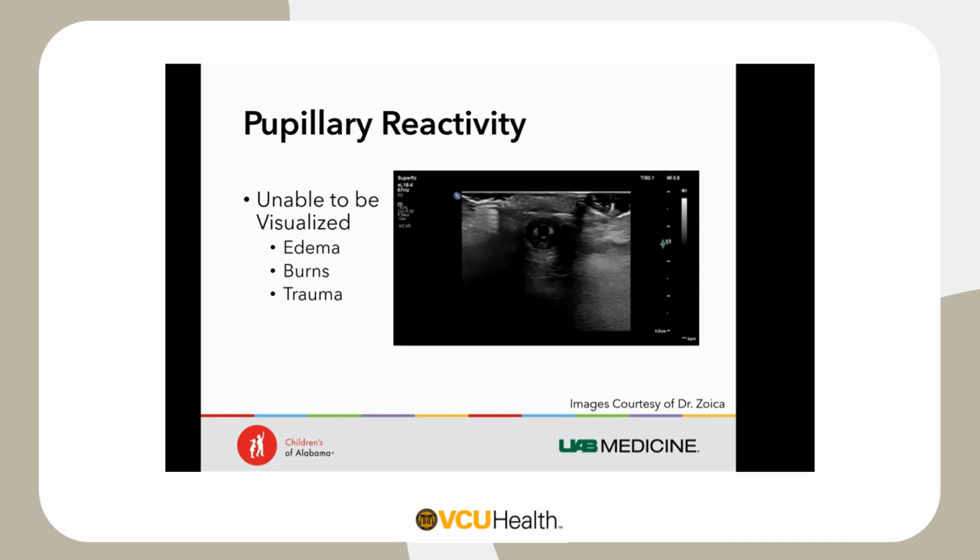So this is a nice way to make sure that we have good pupillary reactivity. The way that this image is obtained is that the probe is placed on the eye, and then the lights are turned on and off like you would normally when getting your pupillary reflex. And this is a good example of a pupil that is constricting nicely and has a good reflex.